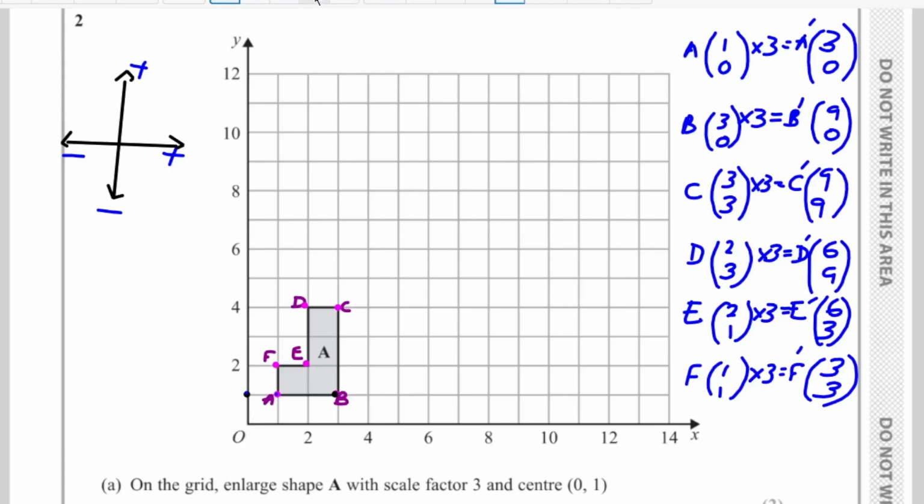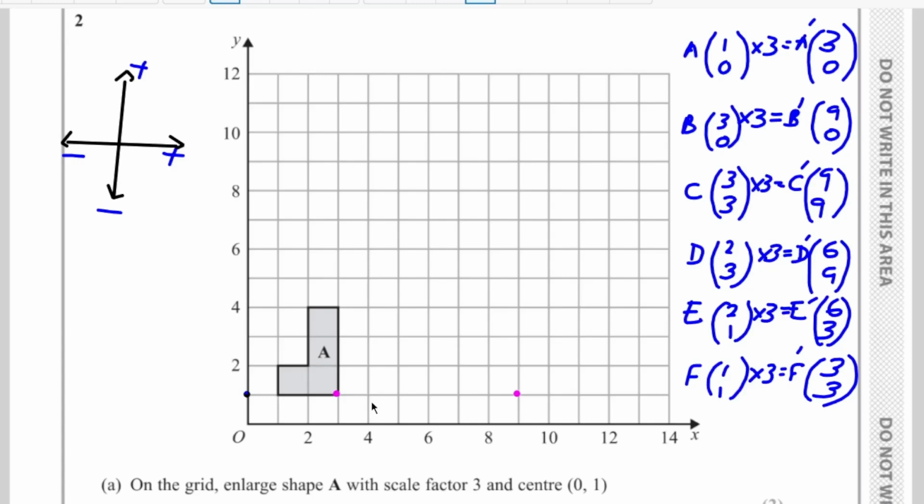We'll erase this then. Okay, first one would be 3, 0. 1, 2, 3. No vertical movement, therefore it would be here. Second one, 9, 0. 1, 2, 3, 4, 5, 6, 7, 8, 9. 9, 0, which is here.